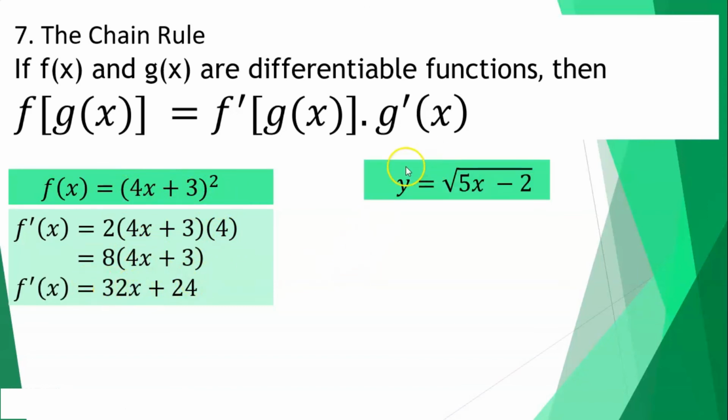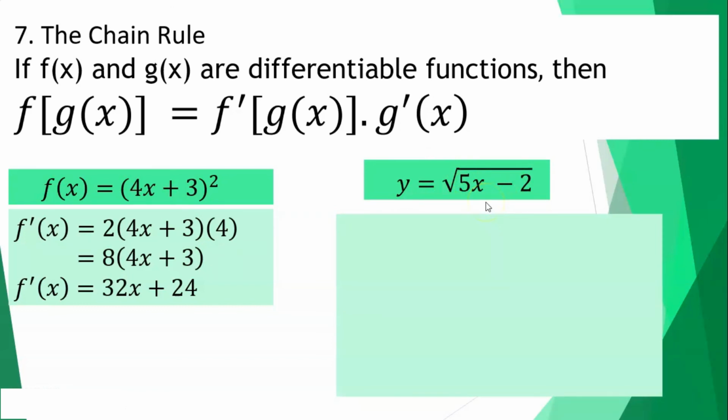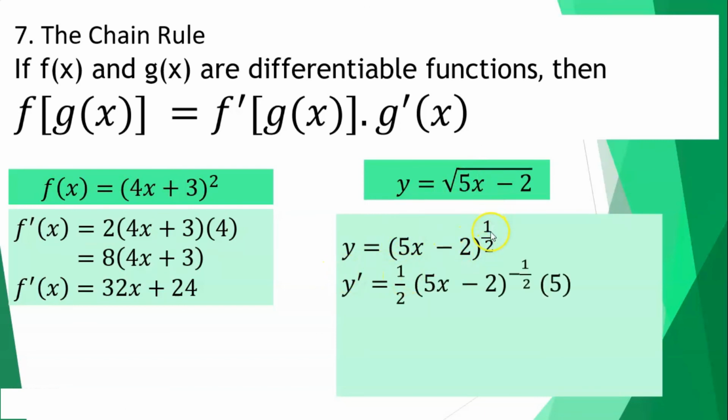Okay, another example. If you're given y equal to the square root of 5x - 2, how to get its derivative? So again, rewriting this, we will have (5x - 2) to the power of 1/2. To get its derivative, that would become 1/2 times (5x - 2) to the power of 1/2 minus 1, that would become negative 1/2, times the derivative of the base.